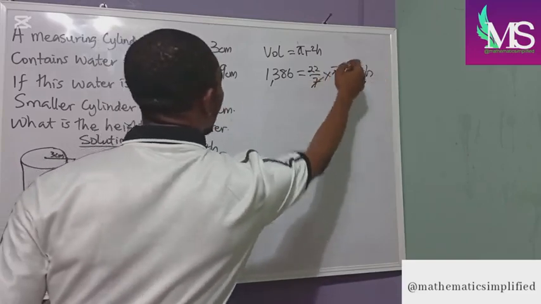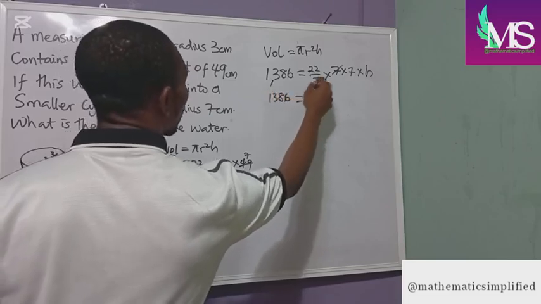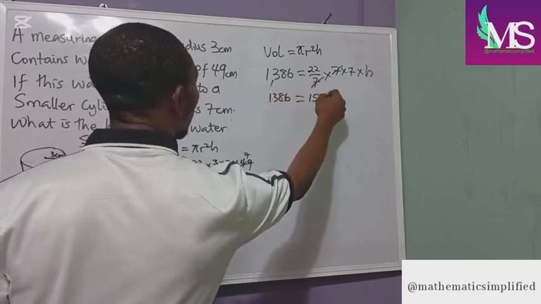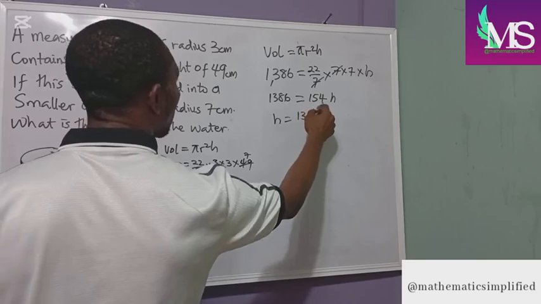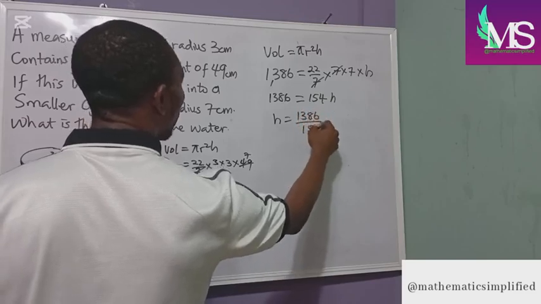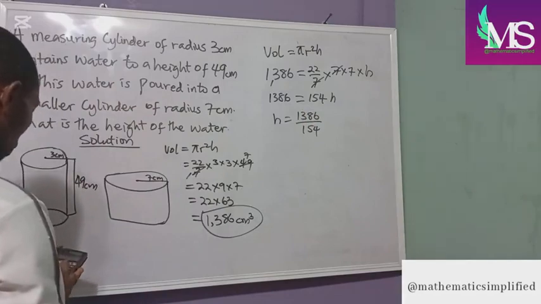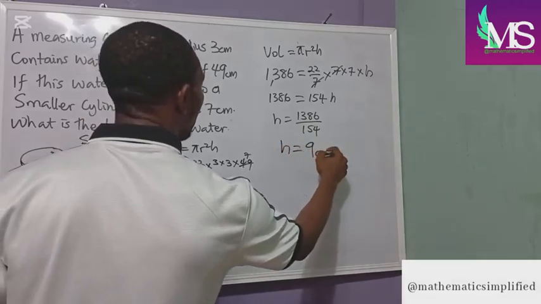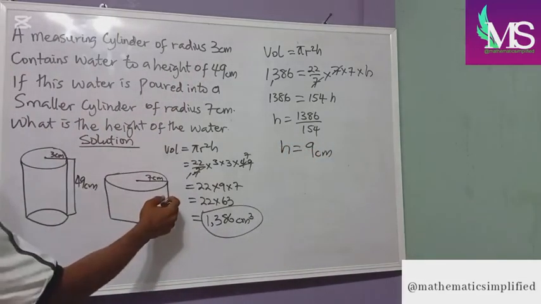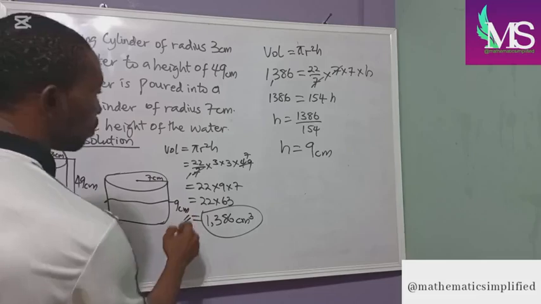This cancels, leaving us with 1386 equals 154h. So h equals 1386 divided by 154, which is 9 cm. So the height of the water here will be 9 cm.